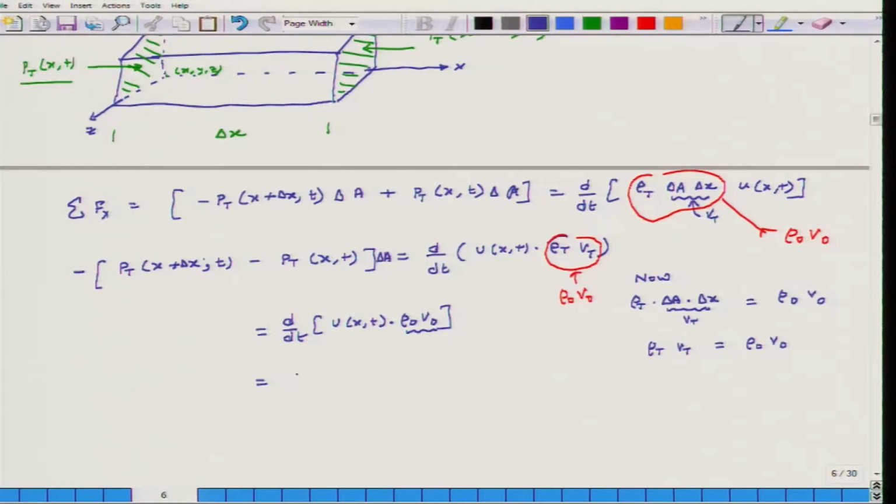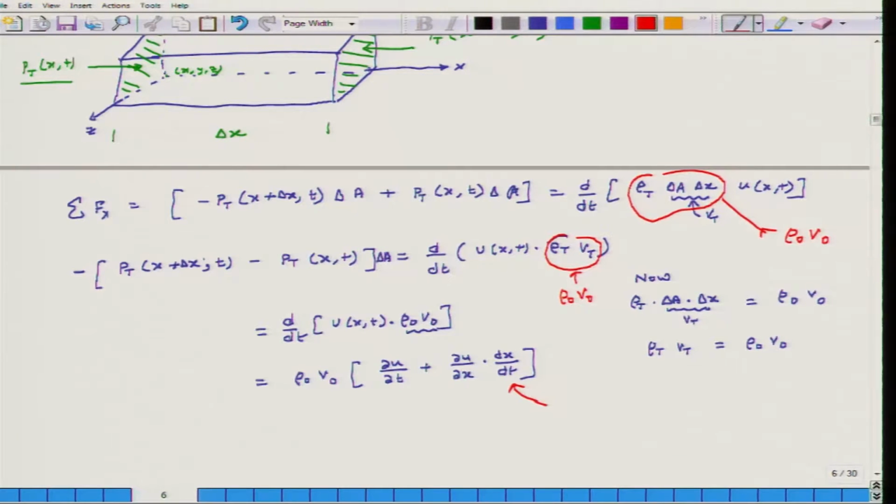So, this is equal to rho naught v naught, and d over dt can be written as del u over del t plus partial of u with respect to x times dx over dt. Now, dx over dt, what is x?